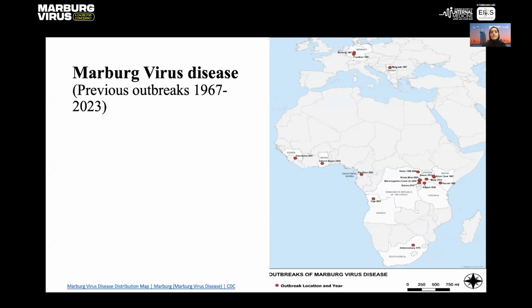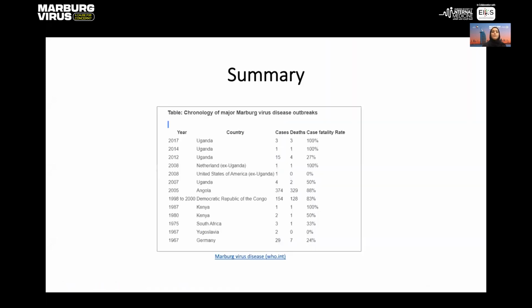Since the 1960s, this virus did not cause a pandemic, even though we're concerned about such an outbreak. But why should we? Looking into the prevalence of the disease in countries, Uganda suffered the most, with mortality up to 100%, and in Germany 24%.